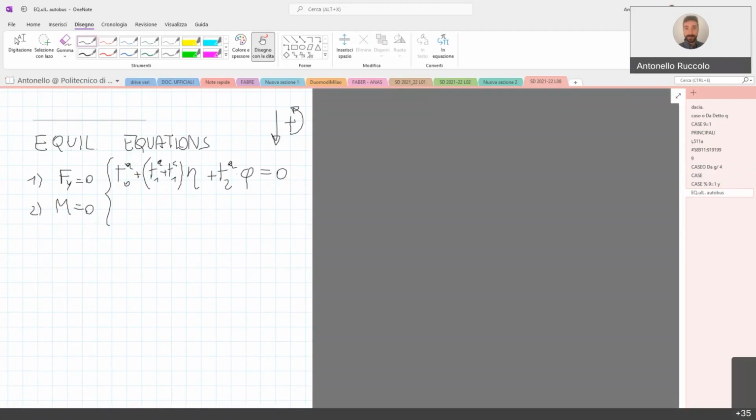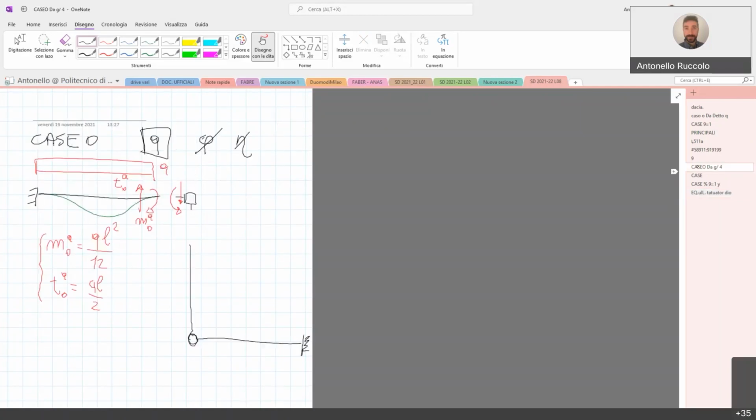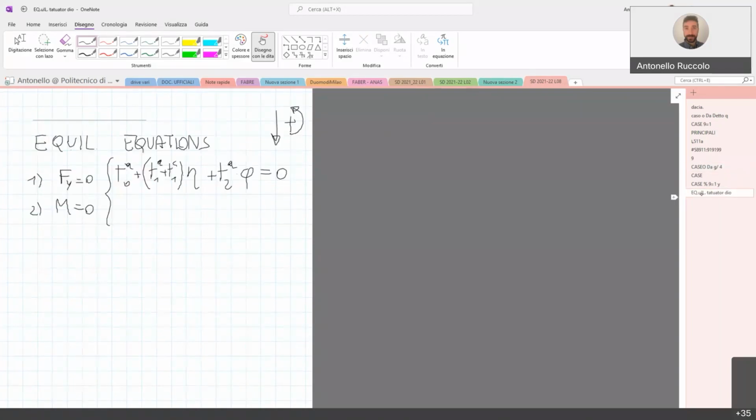We just set a reference and then behave coherently. So it was counterclockwise, so positive M0A.